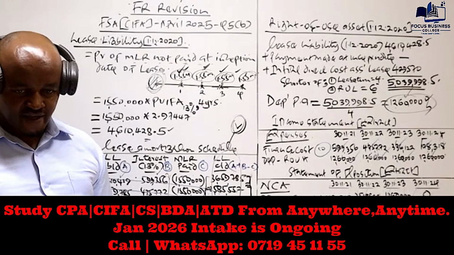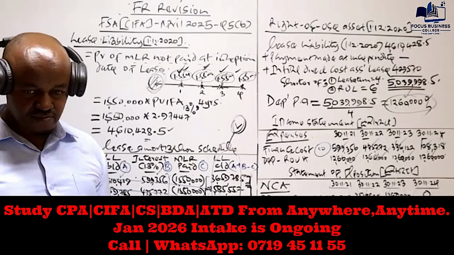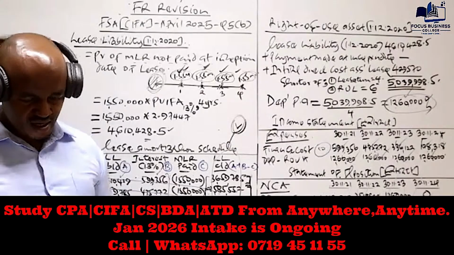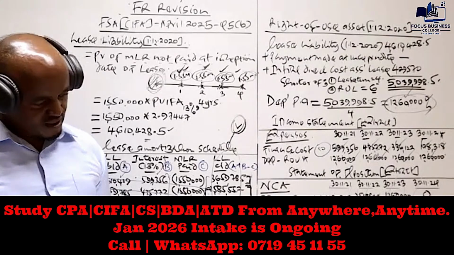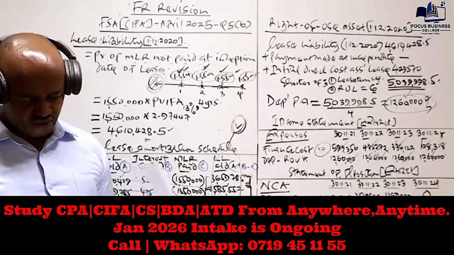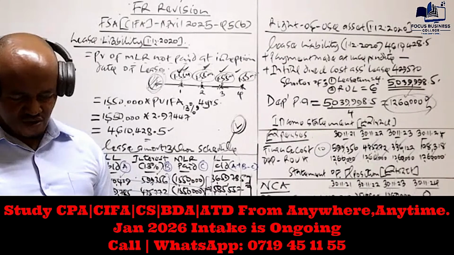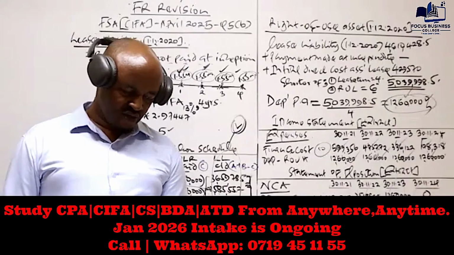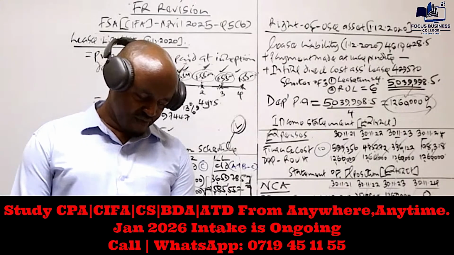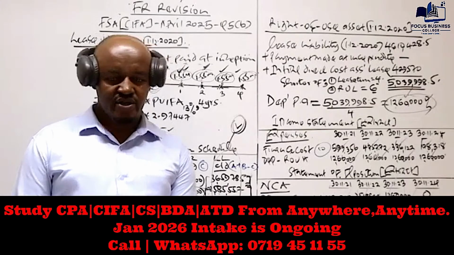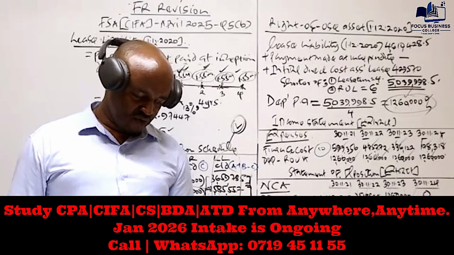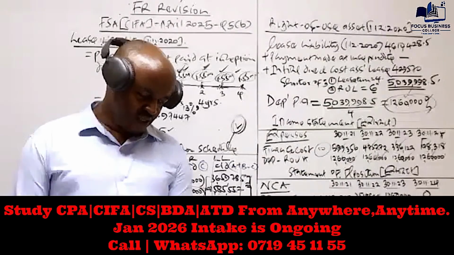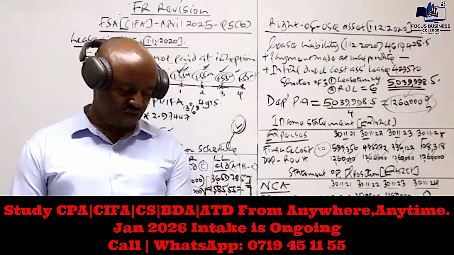So we have that. We have another small question here. I want us to switch now to another topic, the topic of financial instruments. In relation to that topic, we covered a number of concepts. The first concept we did was on compound financial instruments.